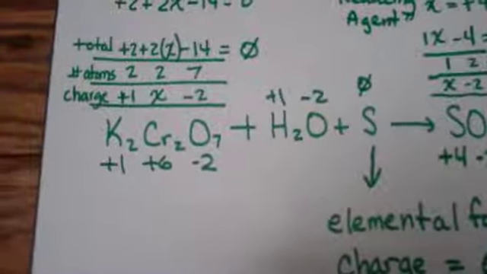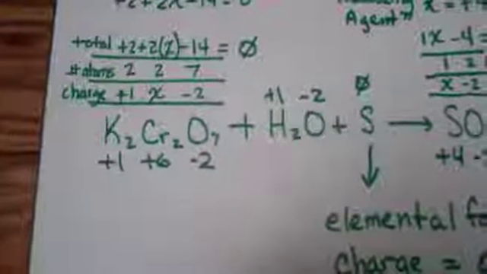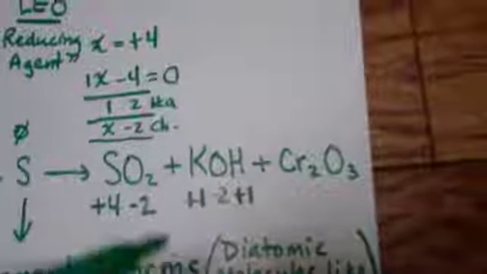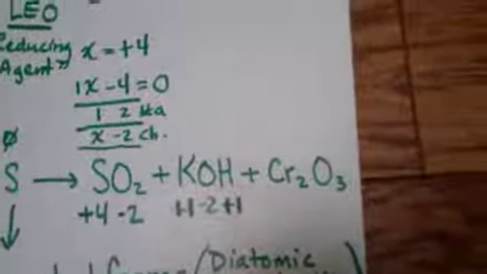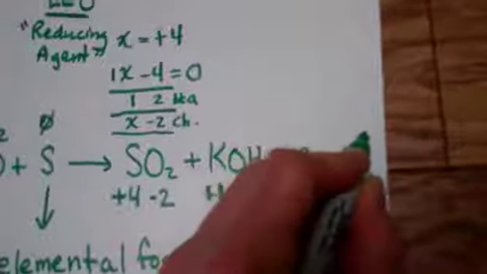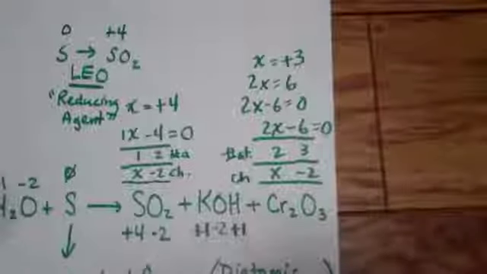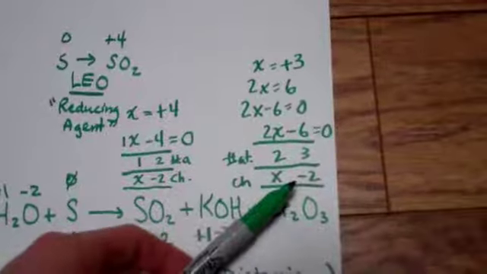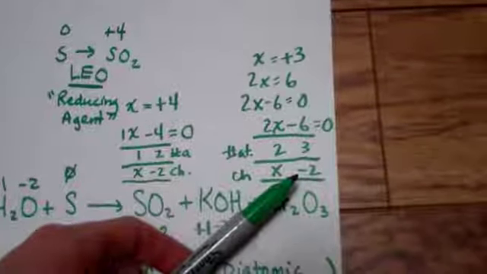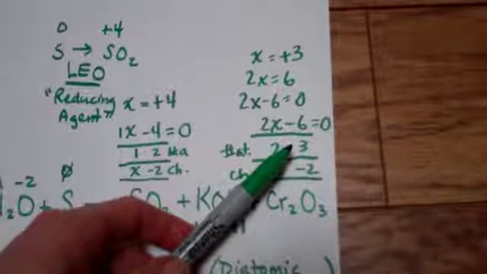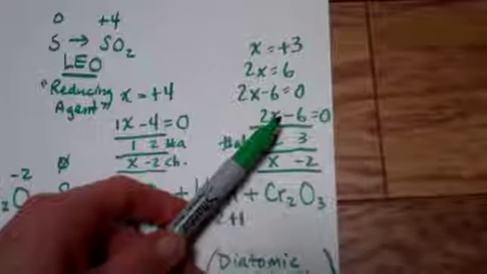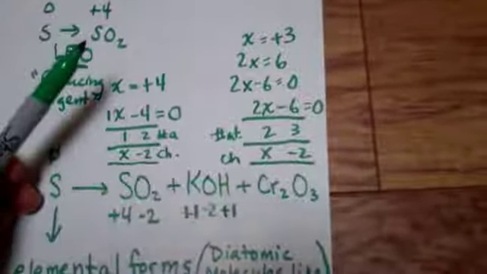So now we need to evaluate what happened with the chromium. If we go back over here, our last molecule contains our chromium, and so we can evaluate this molecule as well. If we draw our charge box on top, and we're evaluating our chromium, we can assign the -2 oxidation state to oxygen. We know there's 3 atoms of oxygen present, so we've got a total negative charge of -6 on our molecule right now.